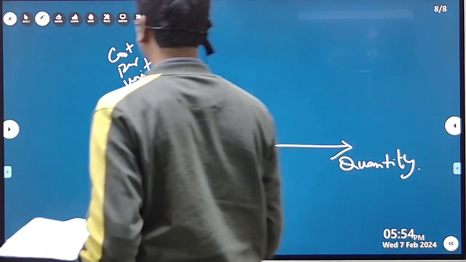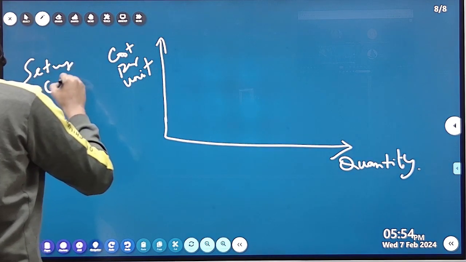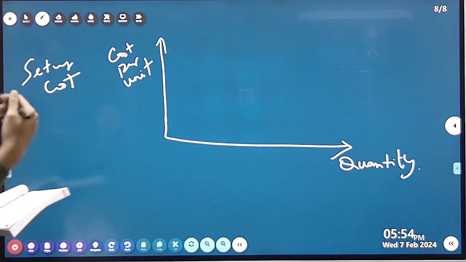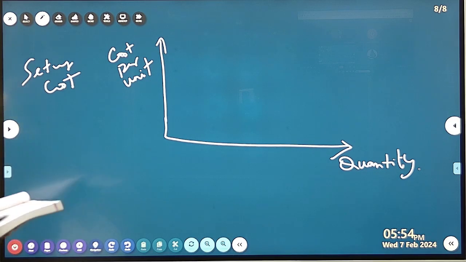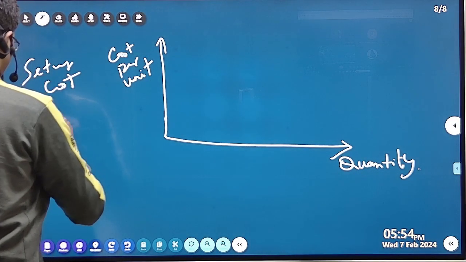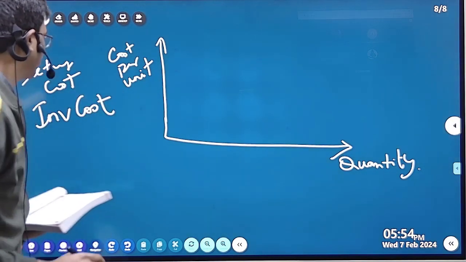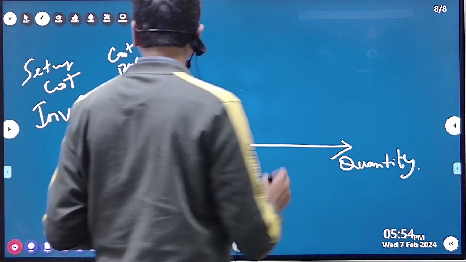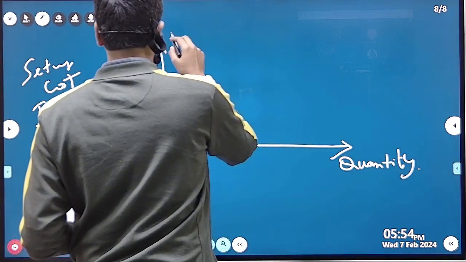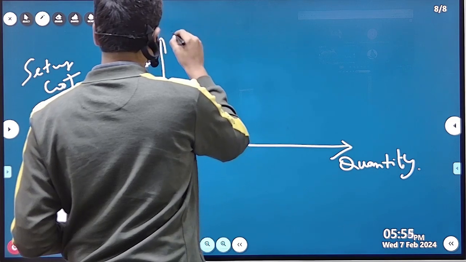We have talked about setup cost, the cost you incur every time you run a batch, and we have talked about inventory cost. As your quantity increases, your setup cost will reduce.